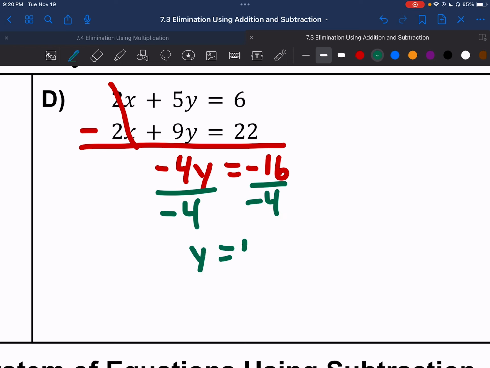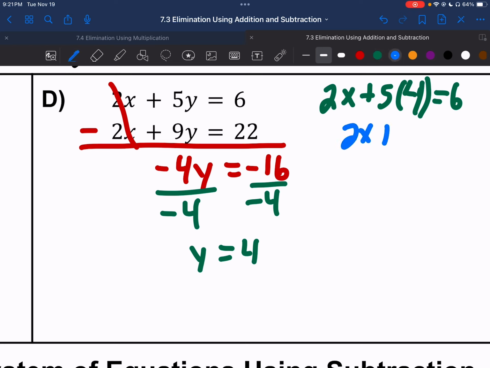Y is going to be equal to a positive 4, which I'm going to substitute in, let's do the first equation. 2x plus 5 times 4 is equal to 6. We do the multiplication first. 5 times 4 is 20.